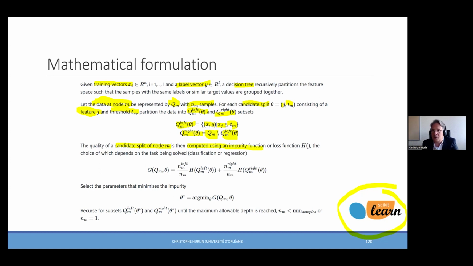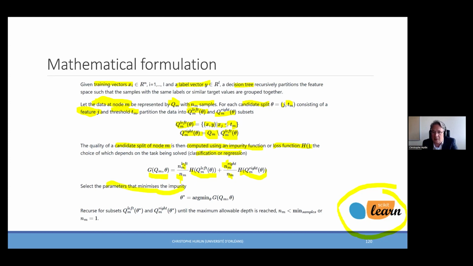Sometimes the impurity function is called a loss function, H, and the choice depends on the task, classification or regression, but whatever, we have a weighted impurity, which is the impurity on the left and the impurity on the right, and the weight corresponds to the relative number in the left node and right node.